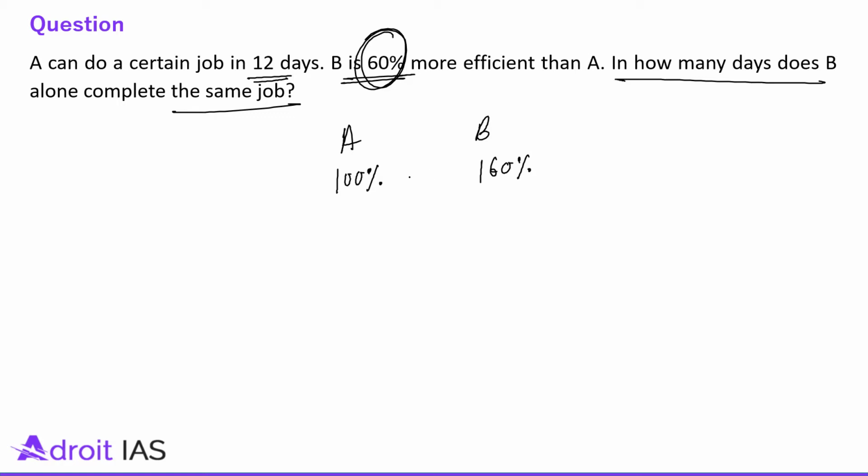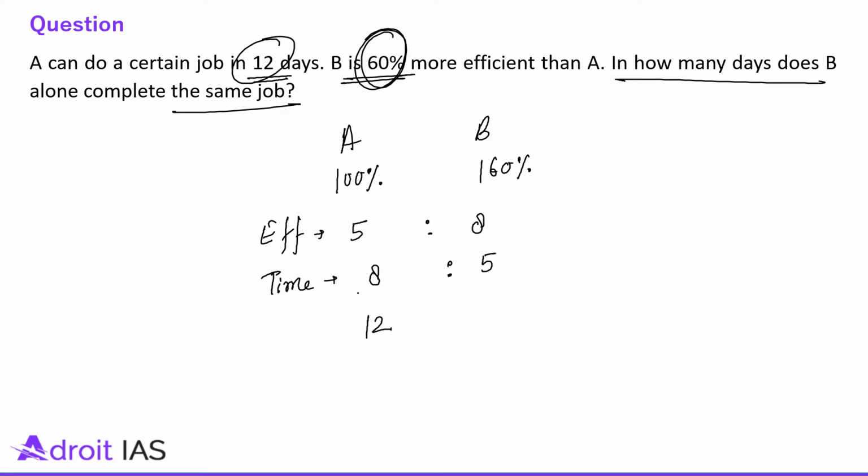So just take the ratio of these two numbers. The ratio is 5:8. Both the numbers are multiples of 20, right? So efficiencies of A and B are in the ratio 5:8. So the ratio of their time will be 8:5. Okay, fine. Now A is doing a job in 12 days, right?